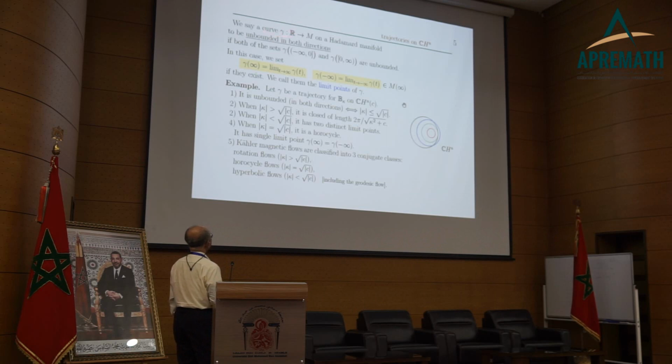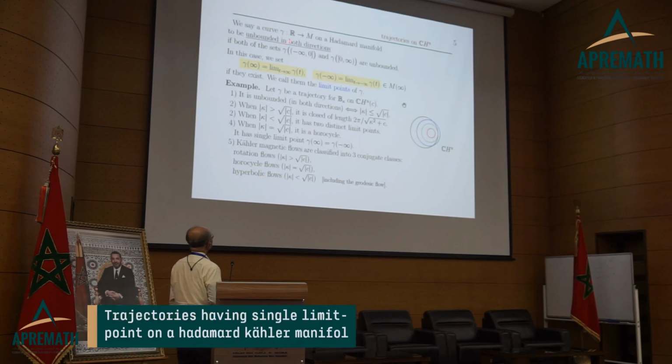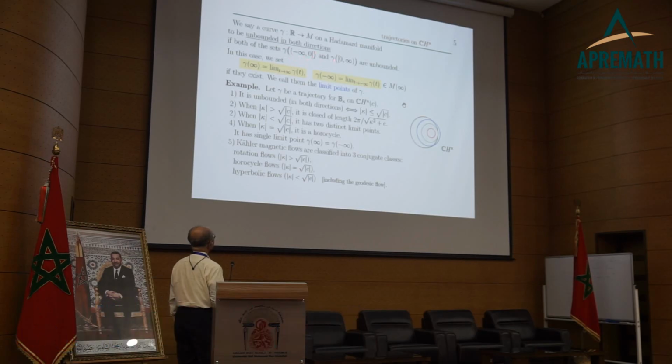So we say a curve gamma on a Hadamard manifold is unbounded in both directions if both of the sets gamma from minus infinity to 0 and gamma from 0 to infinity are unbounded. In this case, we set gamma infinity and gamma minus infinity as the limits of this curve in the ideal boundary and call them the limit points of gamma.